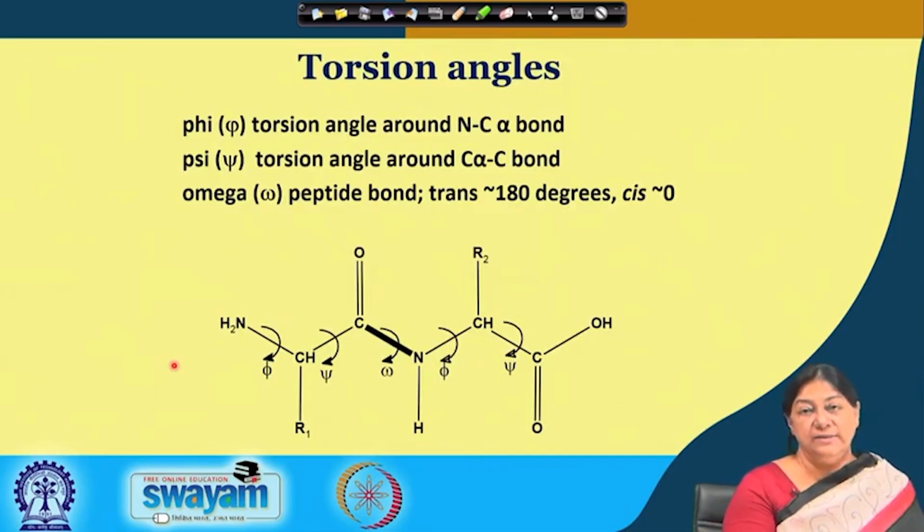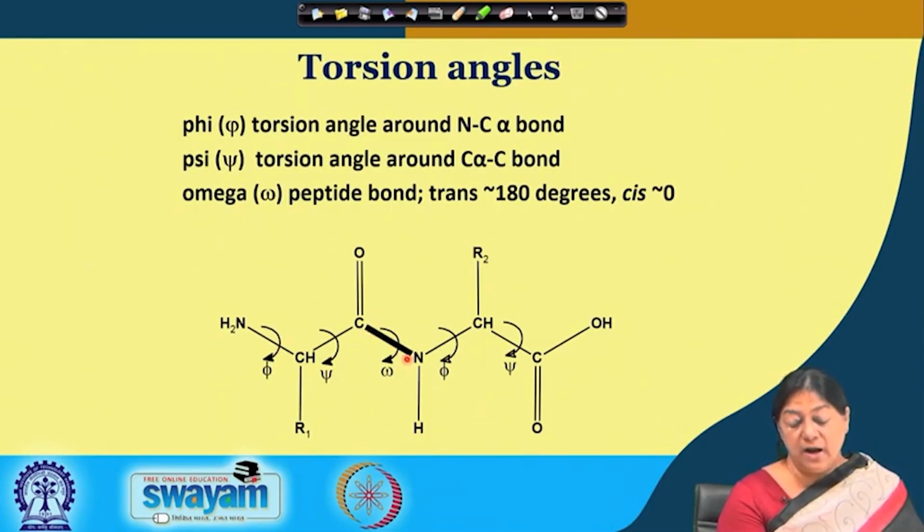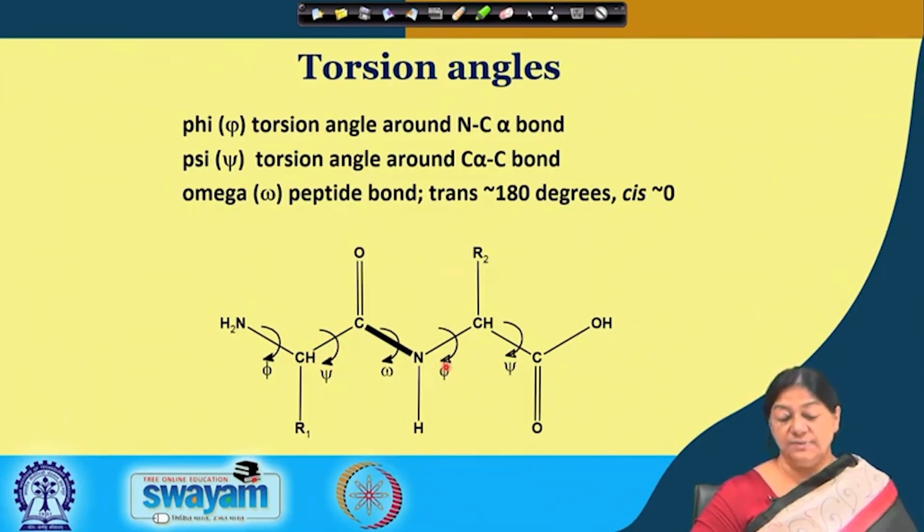The torsion angles are another very important part. The one marked in dark here, as I mentioned, because of the lone pair on the nitrogen, has a partial double bond character, which means there is restricted rotation about it. We have in addition specific torsion angles, the psi angle and the phi angle, between specific atoms in the residue.